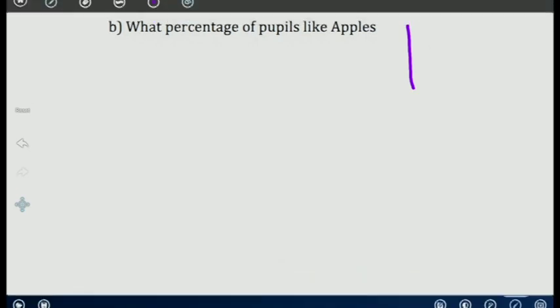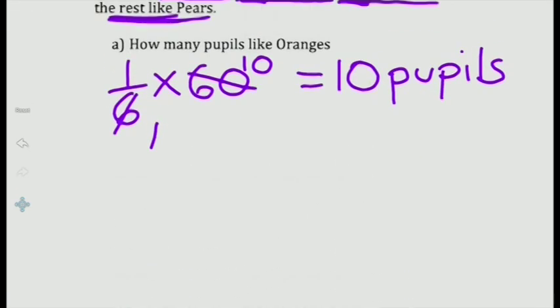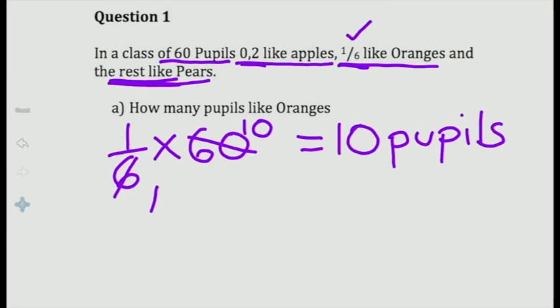What percentage of pupils like apples? If you go back to your question, your question said 0.2 like apples. Right.